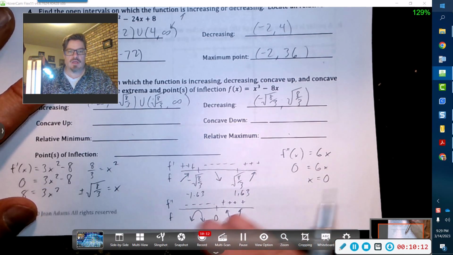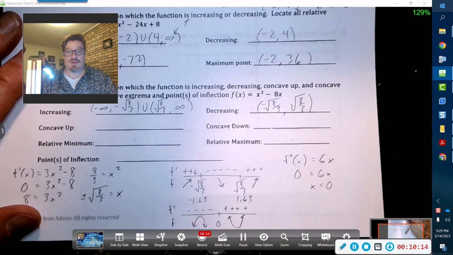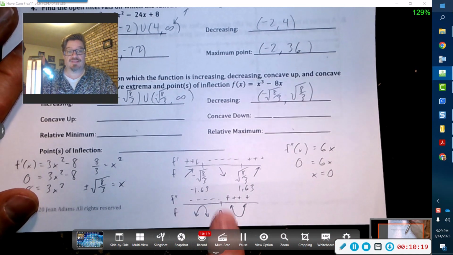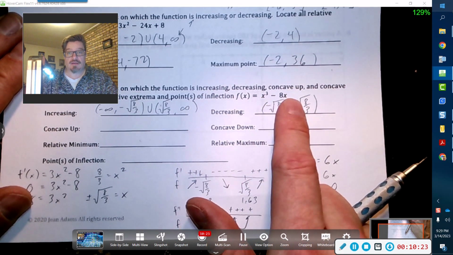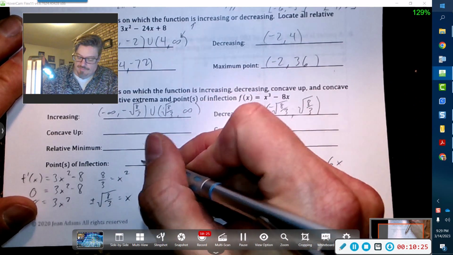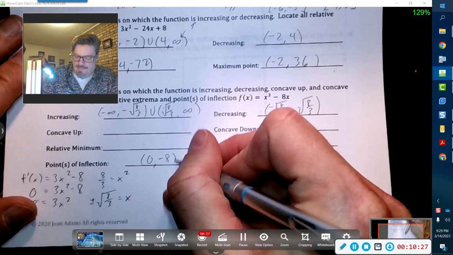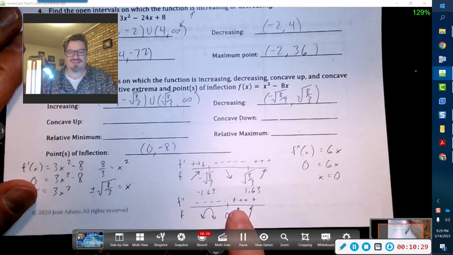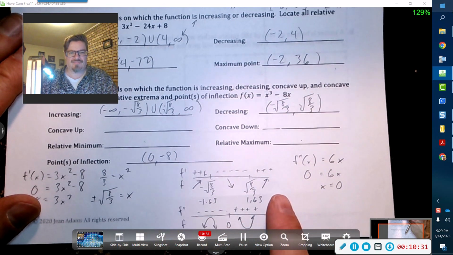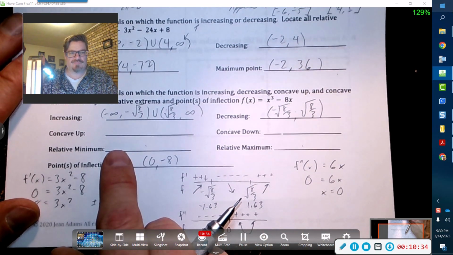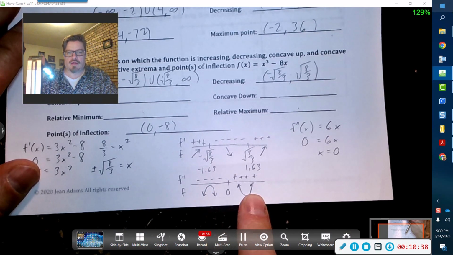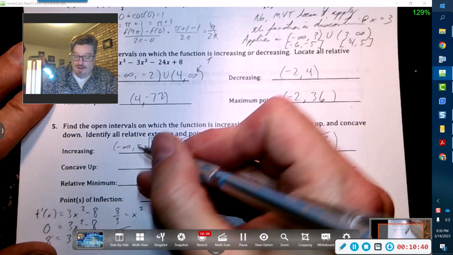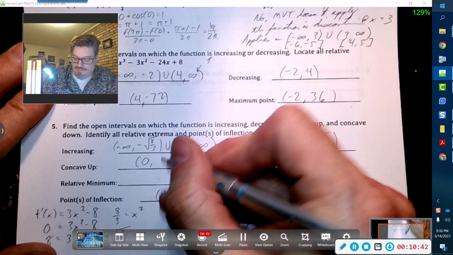So we pretty much got everything we need now. The point of inflection happens at 0. When I plug 0 in here, I get 0, -8. So the point of inflection is (0, -8). I'm not really going in any particular order, just going as I see it. Let's do concave up. Concave up is 0 to infinity.